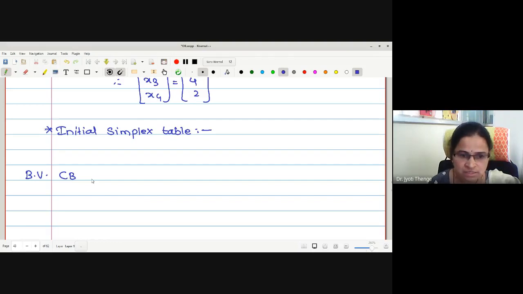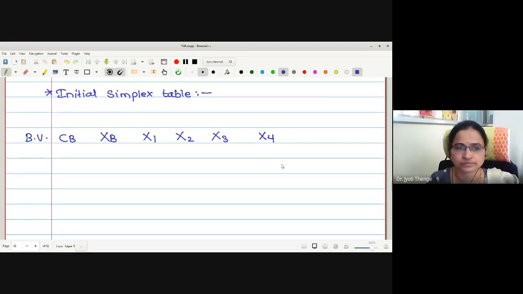Next is the cost of the variables. XB, values of the basic variables, then the vectors x1, x2, x3 and x4. What are the basic variables under consideration? x3 and x4. Correct?